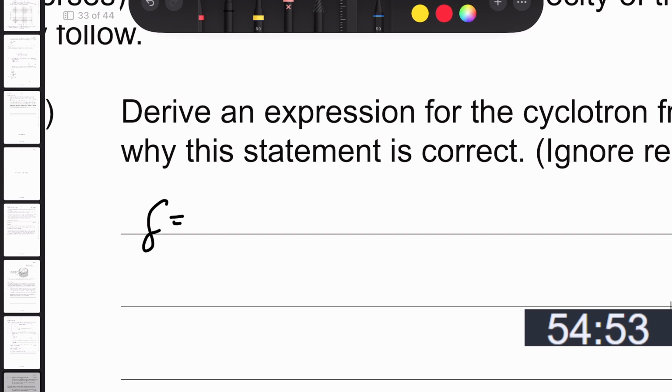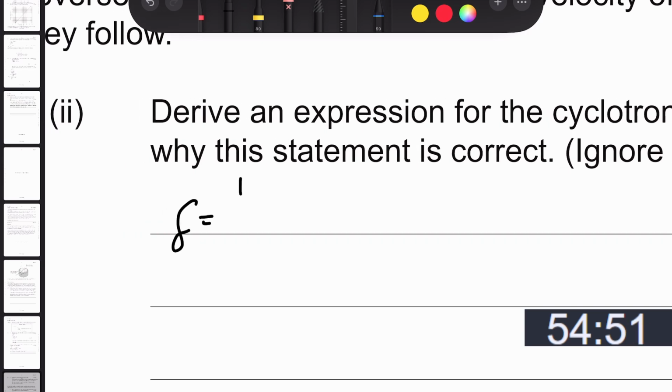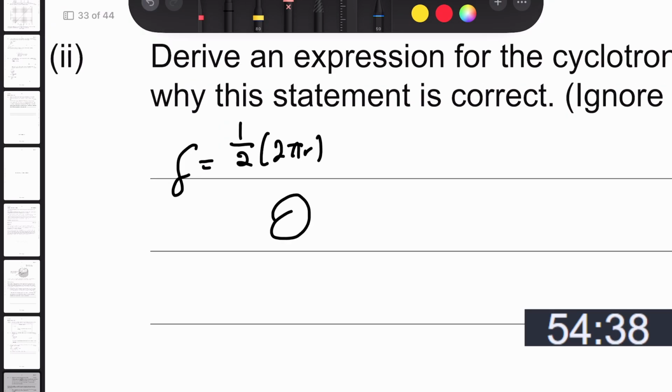The time is going to be equal to half of 2 pi r, because that's going to be the circumference and it's only doing half of it, and then divide it all by velocity.